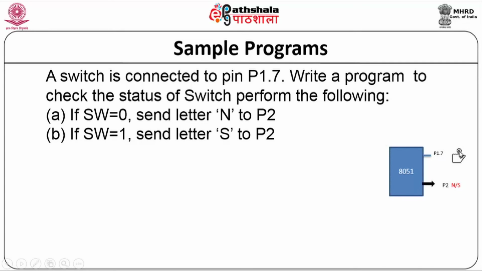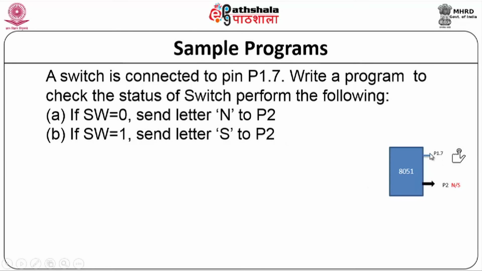If the switch is pressed, in the sense SW is equal to 1, then I will send an S to P2. P2 is a parallel port, and S is the value, an 8-bit, 1 byte word that will be sent through P2. If the switch is not pressed, I receive SW equal to 0, then send a letter N to port 2.